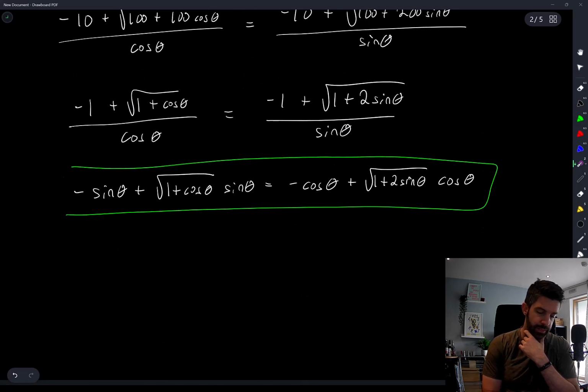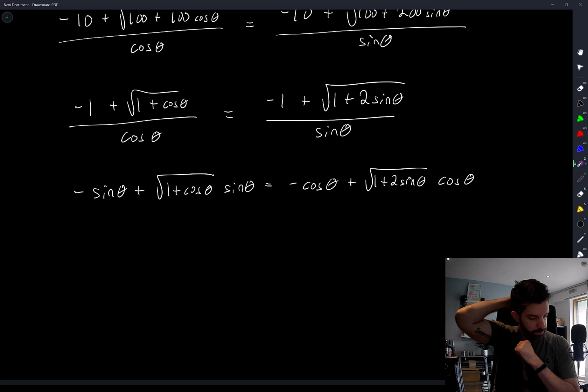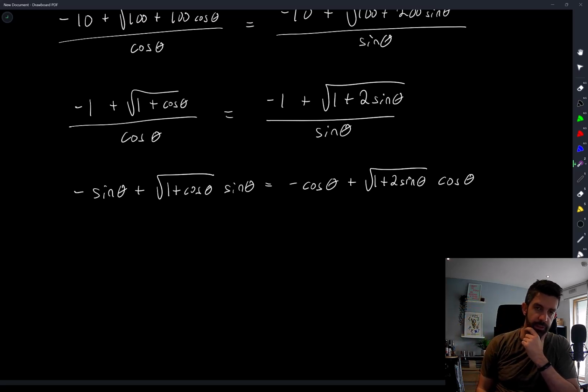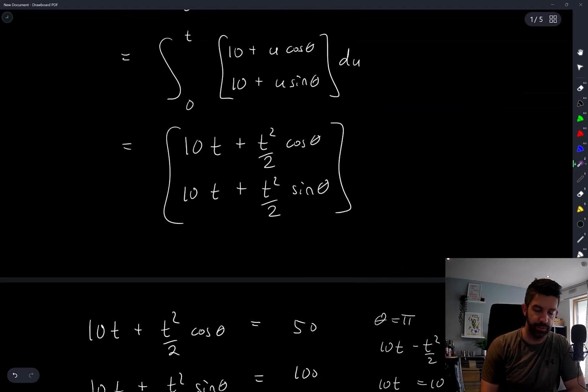This relation might not have led anywhere because it came from a system of equations where we assumed that sine theta is non-zero. I don't see an analytical way of deriving the correct answer here.